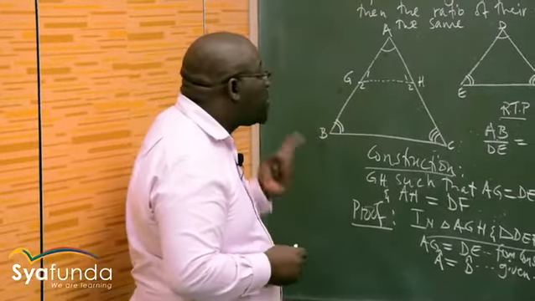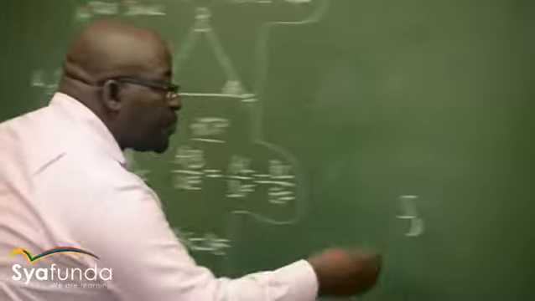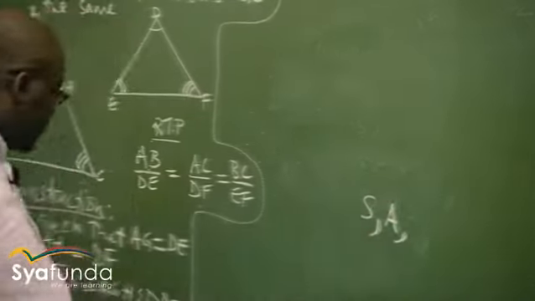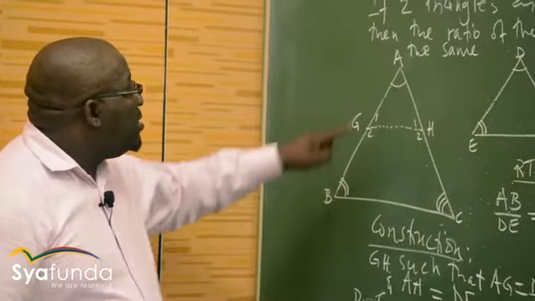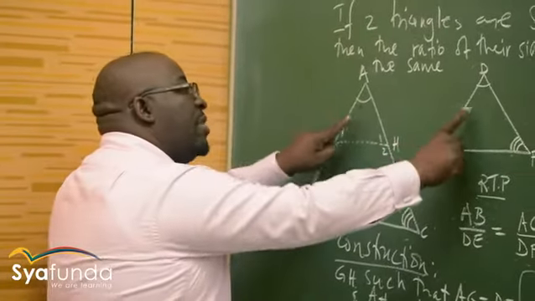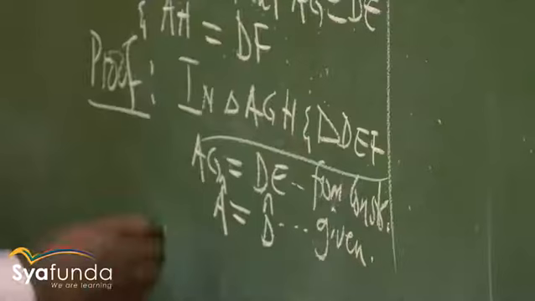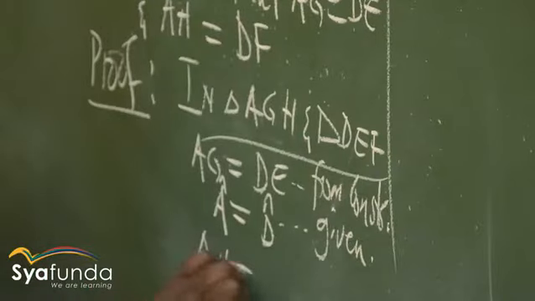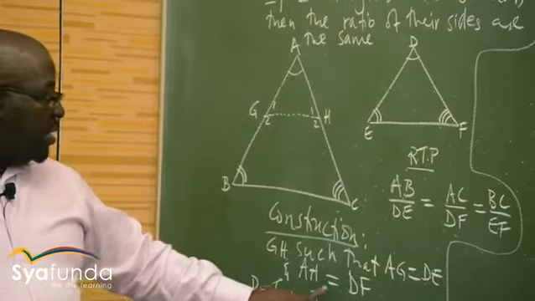Right. Let's prove the angle. Let's check if you can find sides that are the same. Let's check these two sides. AH is the same as DF.